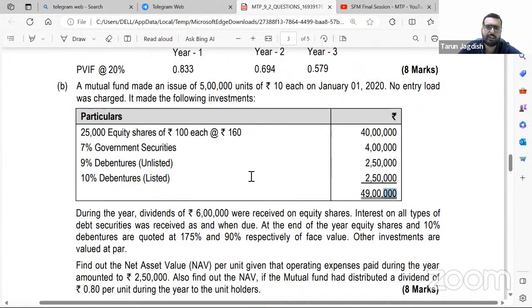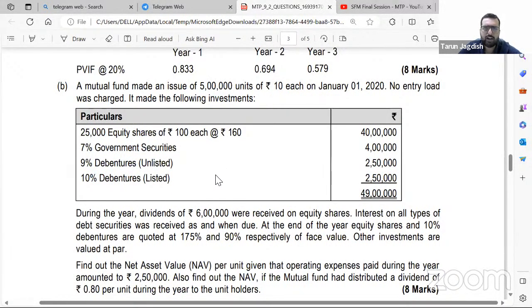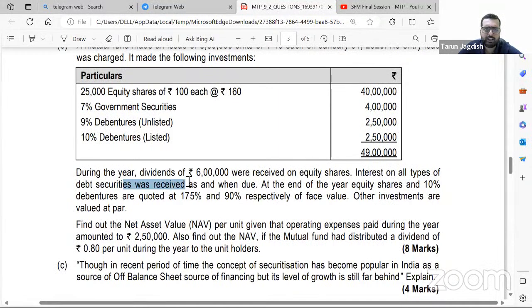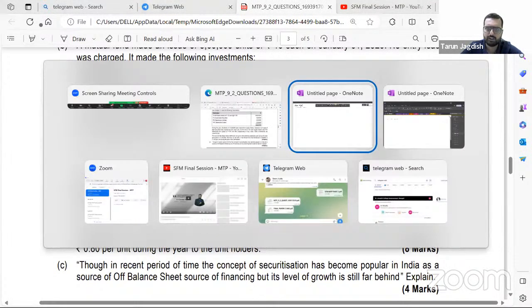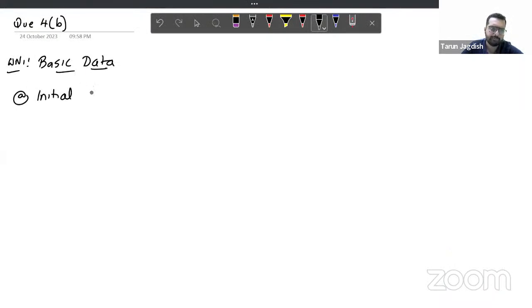So what will be your closing cash balance over here? That will turn out to be 1 lakh. Okay. Apart from this, during the year, dividends of how much was received on equity share, 6 lakhs. So let us write down working note number 1, basic data. Point number A, initial capital.